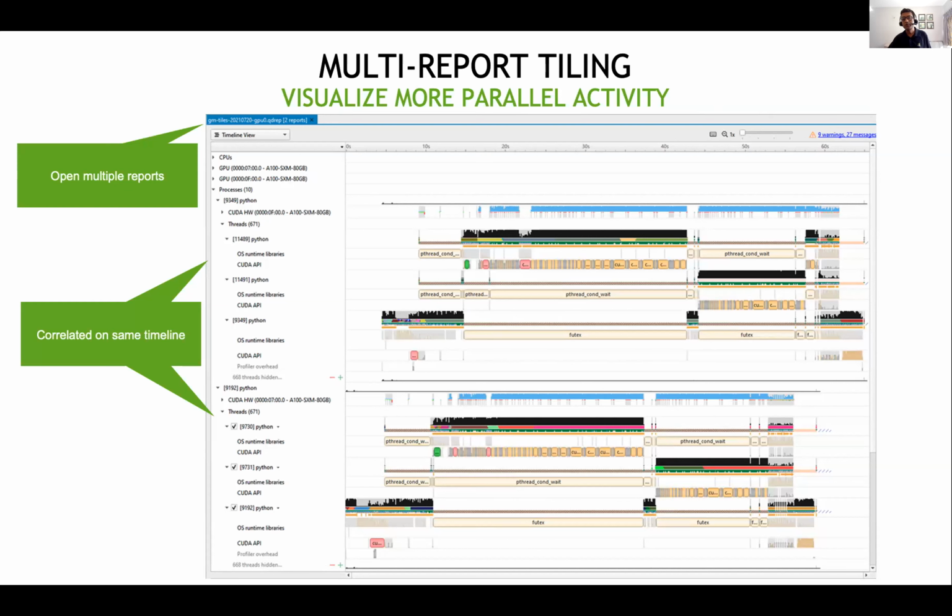So for example, if you are loading, say, one node and the second node, you could load them together and do the analysis and see any differences which may be there across those nodes. So similarly, you can also tile horizontally. If you have snapshots collected for different time intervals, you could see them together in an integrated timeline. Next slide, please.